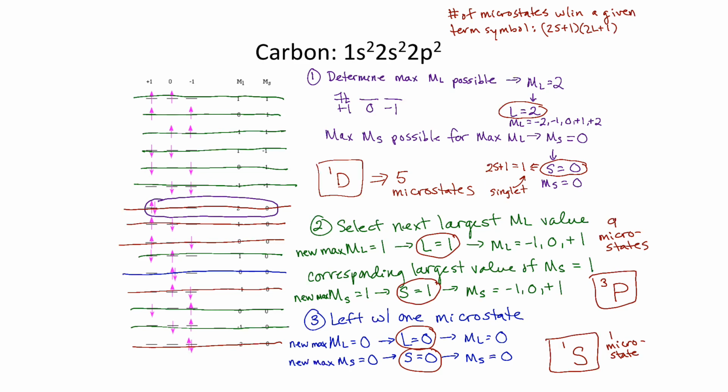So 3 times 3 equals our 9 microstates. Again, this is just a shortcut for figuring out how many microstates are going to fall within each given term symbol. If you do that 2S plus 1 times 2L plus 1 for each one of these, you should get 5 for the singlet D, 9 for the triplet P, and 1 for the singlet S.